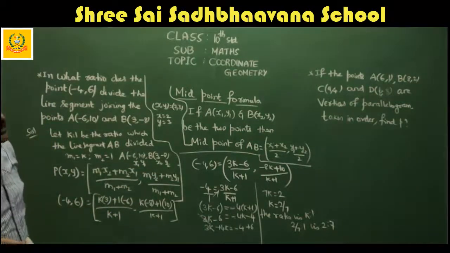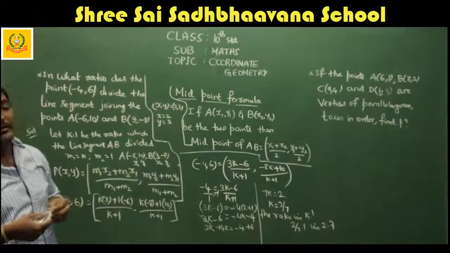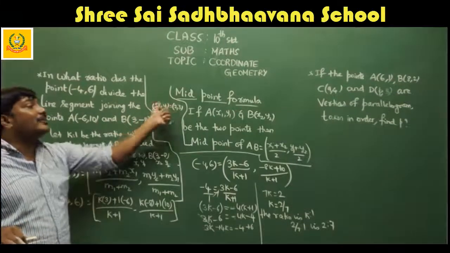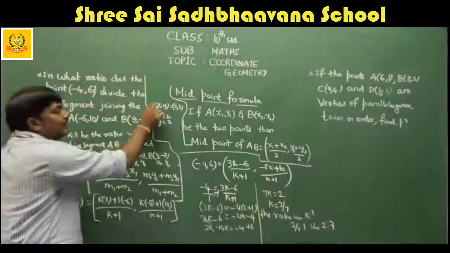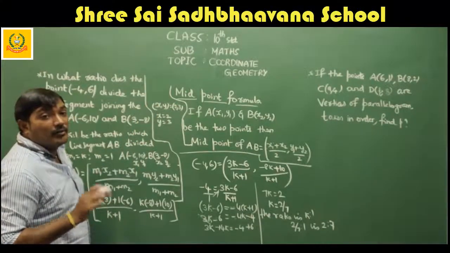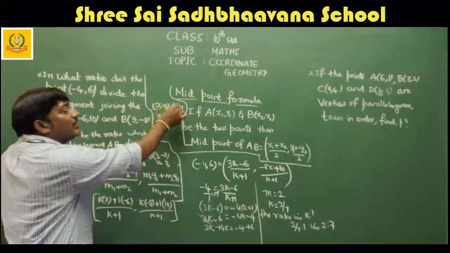As we know, for example, if (x, y) is equal to (2, 3), it means the corresponding coordinates should be equal. In the place of x, what coordinate do you have? 2. So x should be equal to 2. Similarly, in the place of y, what do you have? 3.